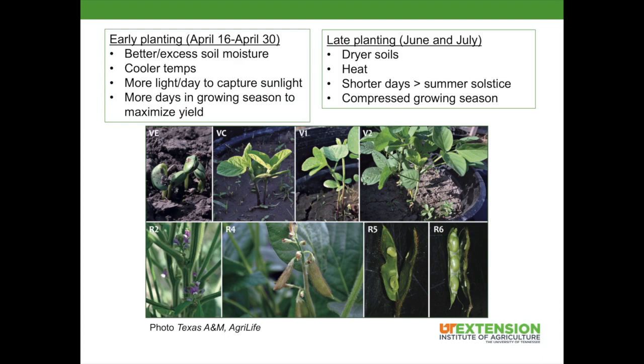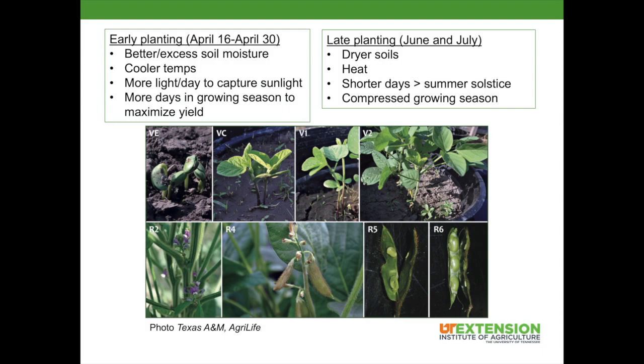The challenge with early planting is that some years we can't do it. It's too cold, it's too wet, and we've got to work around other crops and other things going on too. But the payoff, if you can do it, is maximizing the use of that growing season.